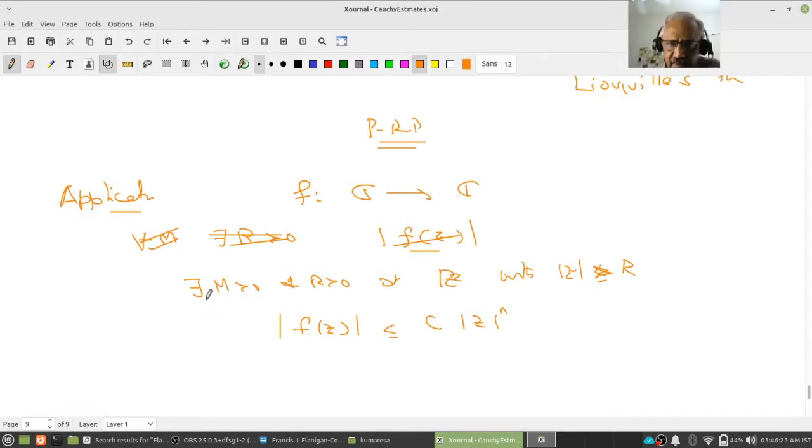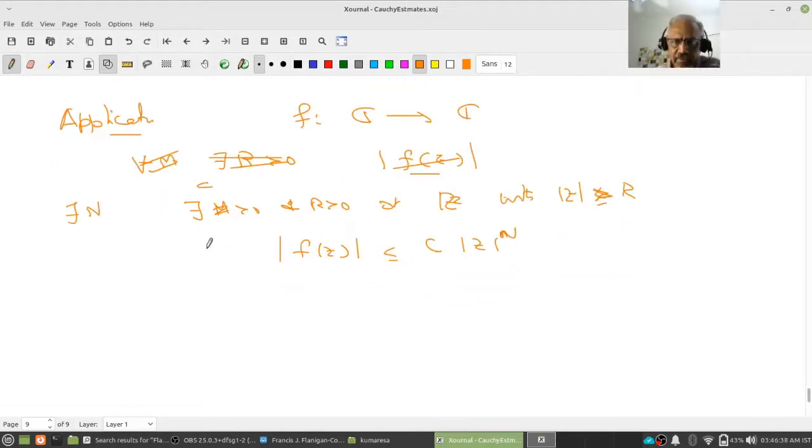So where is M here? This is c. There exists a capital N, let us assume. I'm sorry for the confusion, because I am thinking what I should make sure. I want to show there is an N so that mod f(z) is less than or equal to c times mod z to the power N, perhaps for all z such that mod z is greater than r.